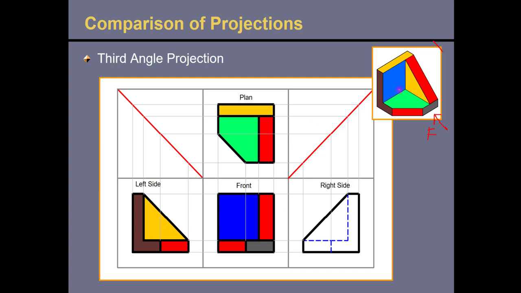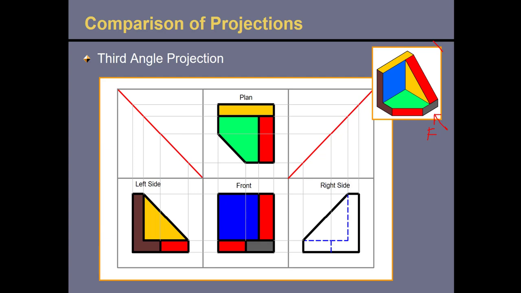On the front view, I can see the blue surface, the square, two red rectangles, and one gray horizontal rectangle. So this is my front view, and the rest of the views are placed with respect to the front.